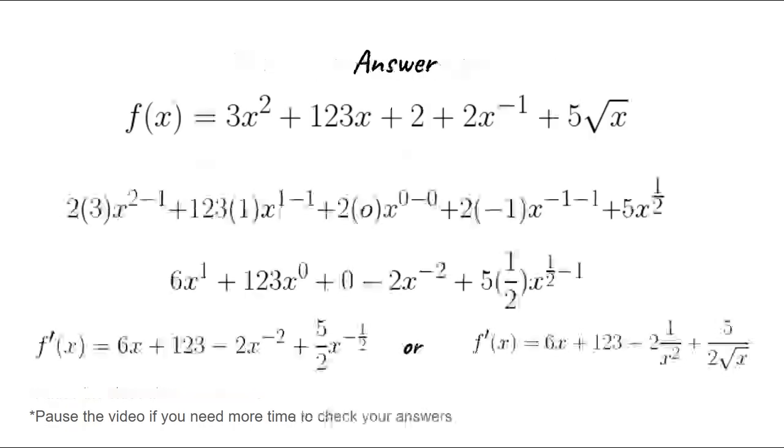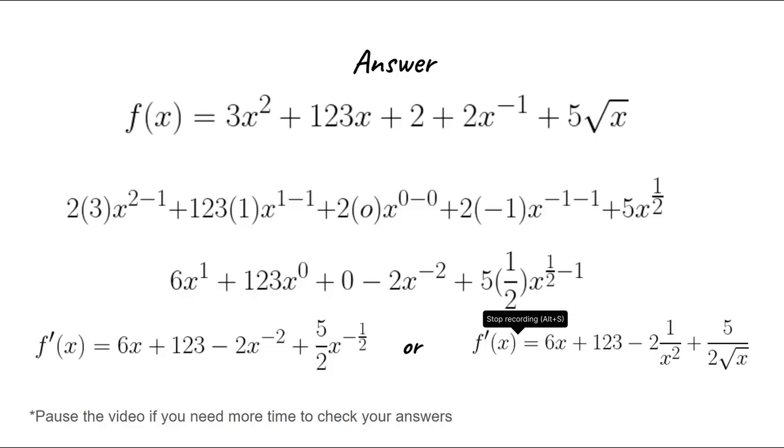While this one was more tricky, here's the answer. Essentially, the first three terms, 3x squared plus 123x plus 2, were very straightforward power rule. You bring down the exponent, multiply the coefficient, and subtract the exponent by 1. However, the 2x to the power of negative 1 just makes everything negative, because when you bring down negative 1 and multiply by 2, it makes it negative 2.